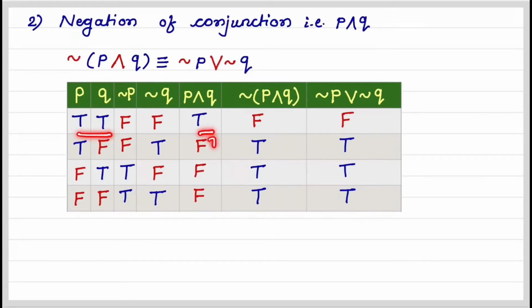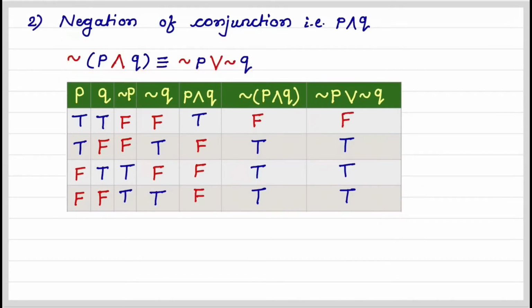When the statement is true, its negation is false, and when the statement is false, its negation is true. Now we have to take the disjunction of these two statements. Disjunction is false when both the statements are false, otherwise it is true. See these two columns, they are identical. Therefore, we have negation of (P and Q) is equivalent to negation of P or negation of Q.